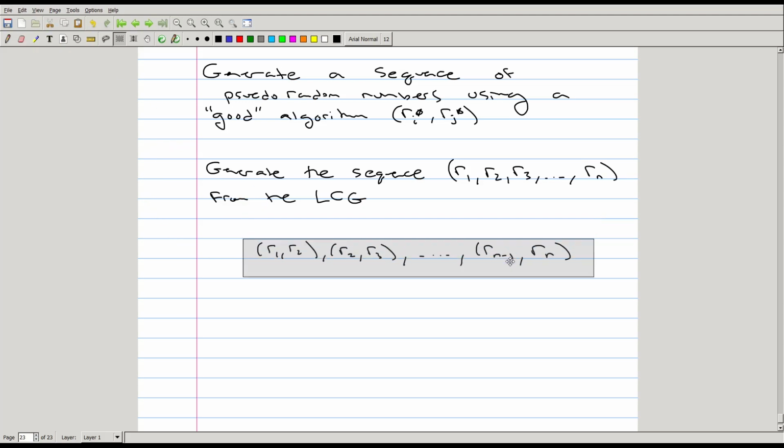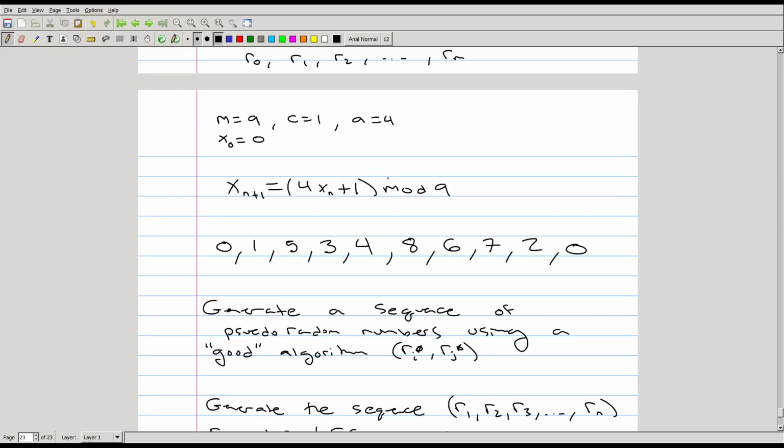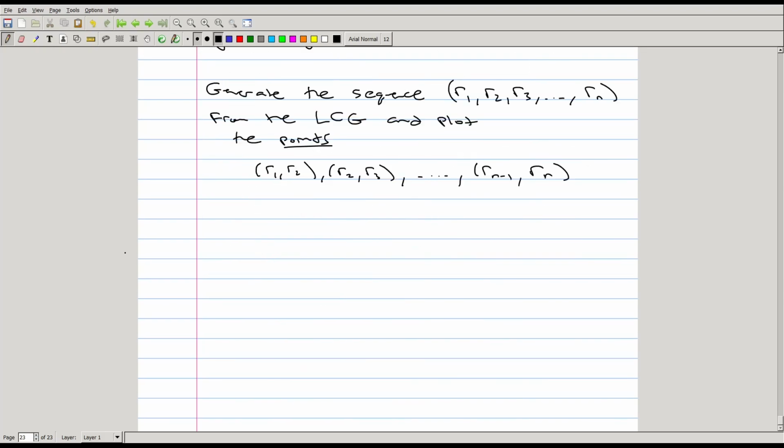And the idea here is that if the sequence of numbers R1 to Rn is truly pseudo-random, these points should behave just like the good algorithm, and should also have a random type distribution. So we'll look at this example right now. Where it'll become immediately apparent that we're not getting a good result.